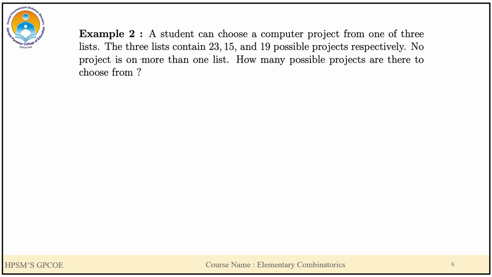So here we have three different sets. The first set consists of 23 projects, the second set of 15 and the third set of 19 projects. And you can see no project is on more than one list, so all these three sets are disjoint. So here we can use the addition principle.